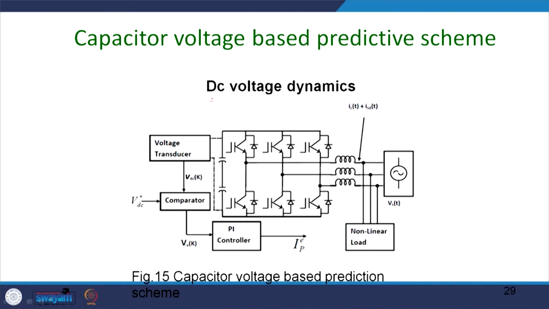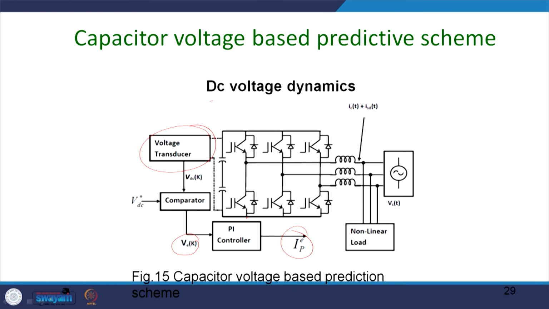To understand this phenomenon, we require to understand in detail the DC bus dynamics, so we will now be discussing the DC bus dynamics in detail. This is the voltage transducer. From there you get the compensator, and thereafter, since we work in a digital domain, everything is digital, you get a predictive value of IP.